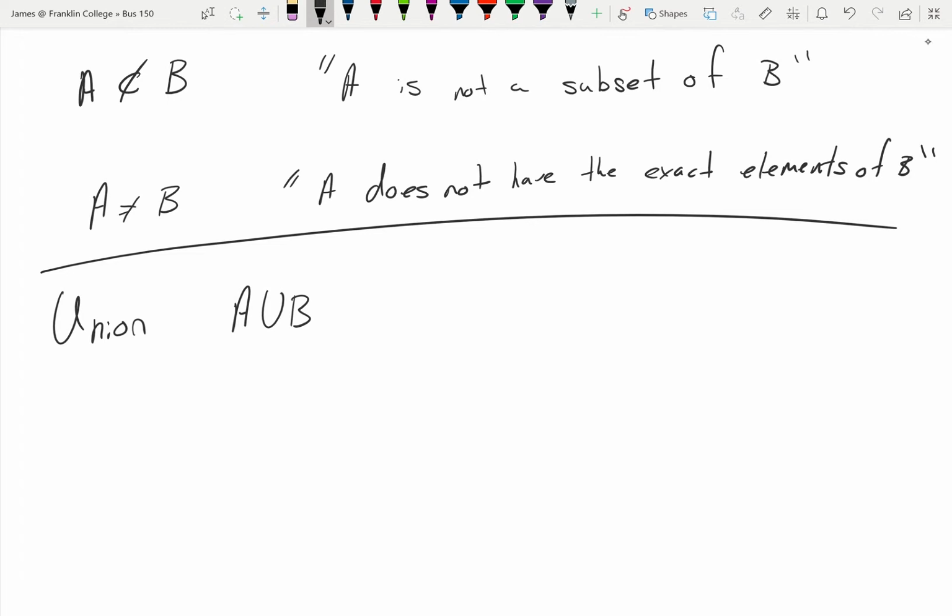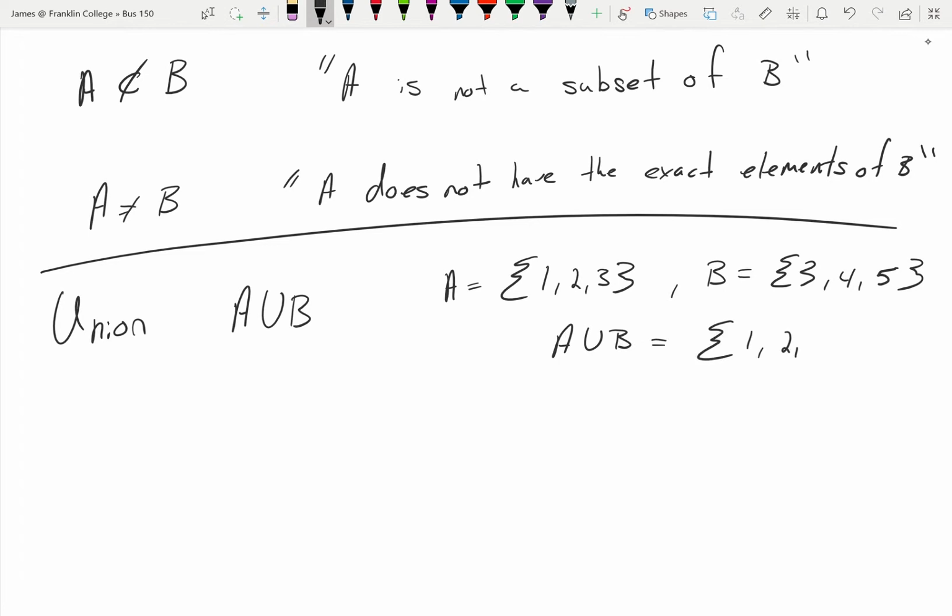If we talk about this with the listing method, if we have A as the set 1, 2, 3, and B as the set 3, 4, 5, then we know the set A union B is the set 1, 2, 3, 4, 5.